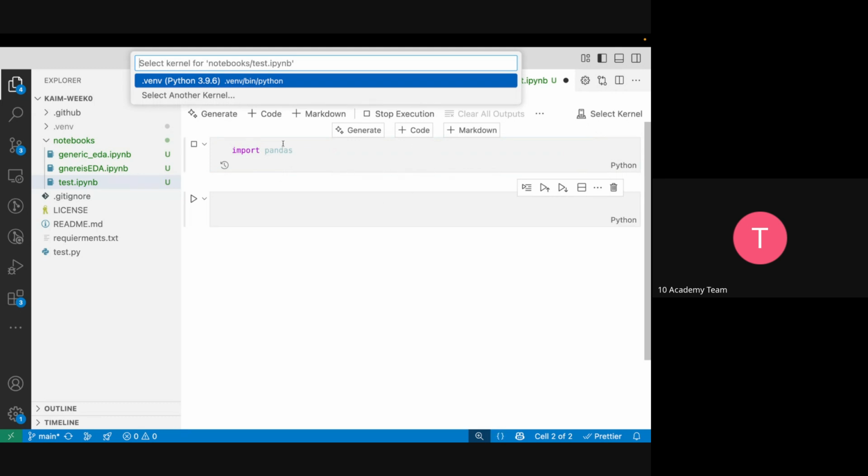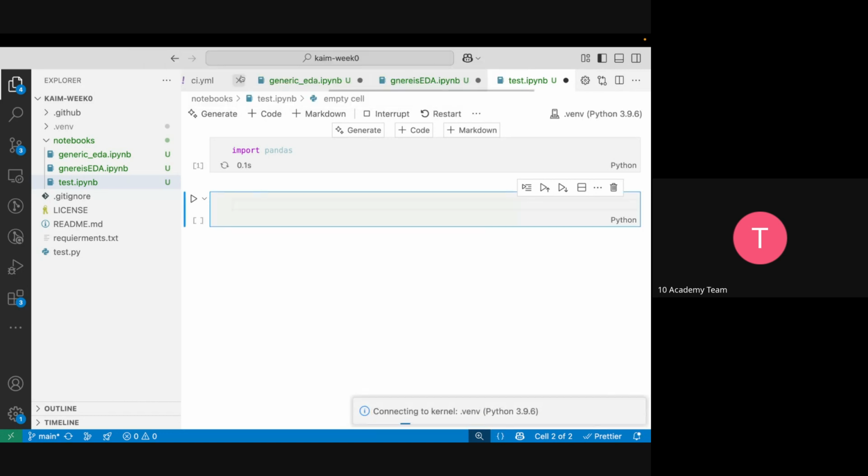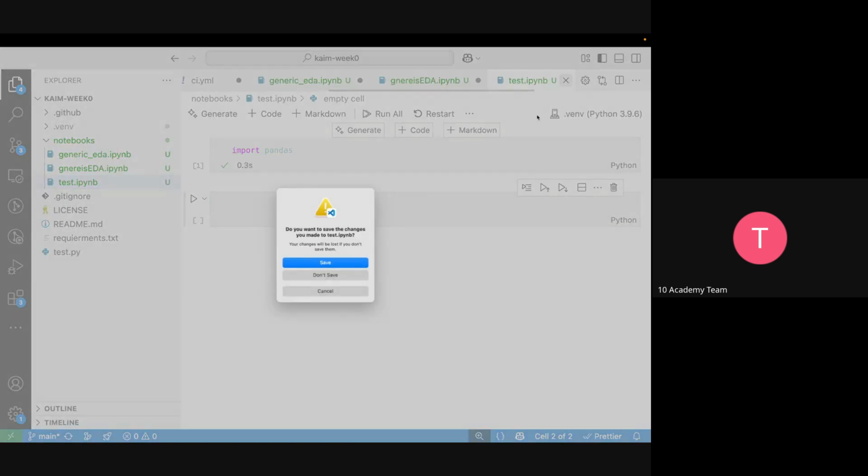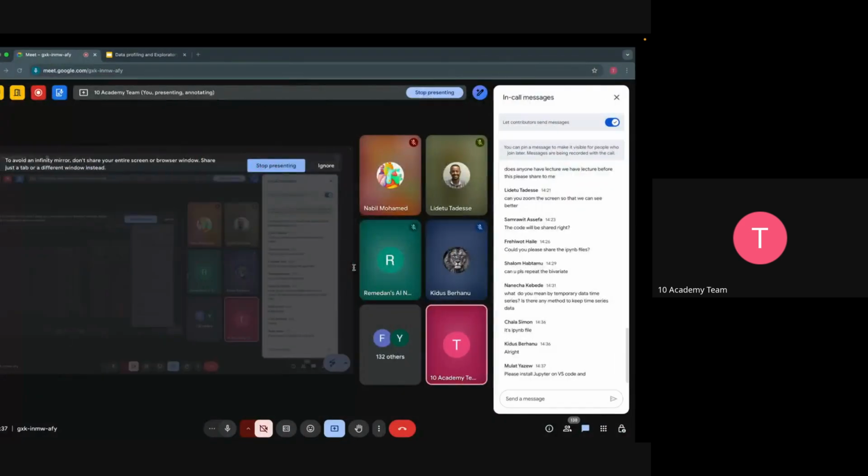When you try to run it, it's going to ask you for a kernel, so you select your virtual environment. Since I have already installed the kernel, it's not going to ask me, but for you guys, it's going to ask the first time. And once you install it, it's going to work, just as I think Nabil said.